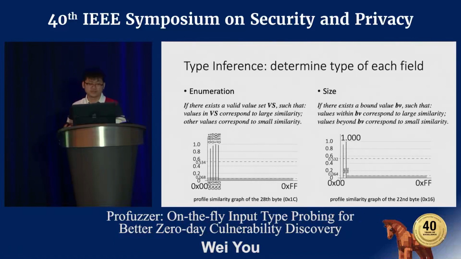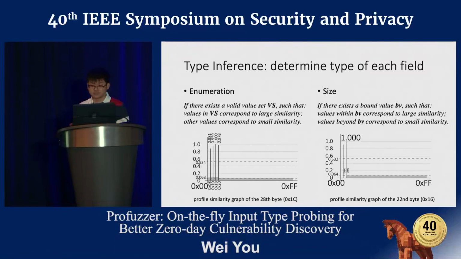For a size field, there exists a bound such that different values within the bound correspond to different similarity scores larger than the mid-range, and for any value beyond the bound, its similarity score is smaller than the mid-range. As shown in the profile similarity graph of this 22nd byte, which is the size field, note that value 2 is the bound, as we use a very small image as the input.